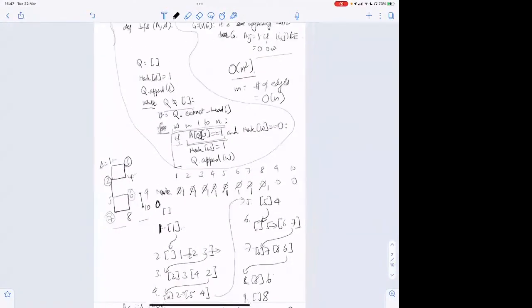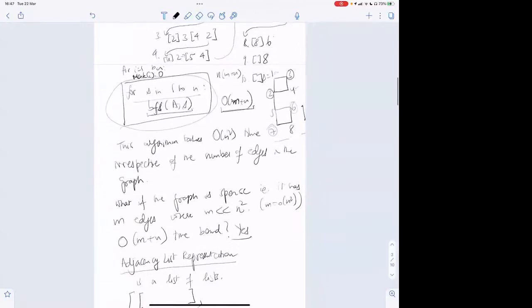So you save only when you do not enter. Basically it will be order n cube. You are correct. This is order m plus n or order n cube depending on matrix versus list. Tell me, can you see why it will be order n cube when it's a matrix?